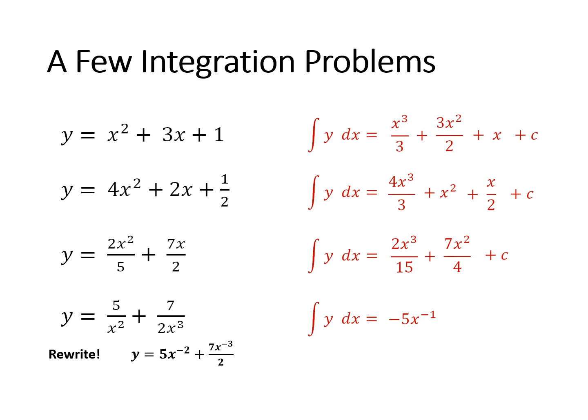And the other term, again, we increase the power, so it becomes 7x to the minus 2, and we need to divide by minus 2, so it becomes 7x to the minus 2 over minus 4. That minus 4 on the bottom is now going to change the whole sign of that term, so it becomes a minus 7x to the minus 2 over plus 4. I hope that makes sense. And then we need a plus c on the end. That's quite a hard question.